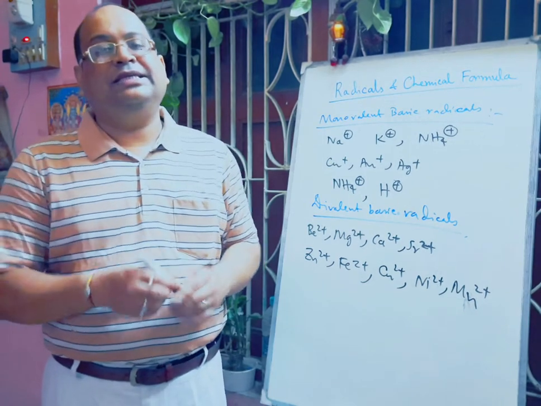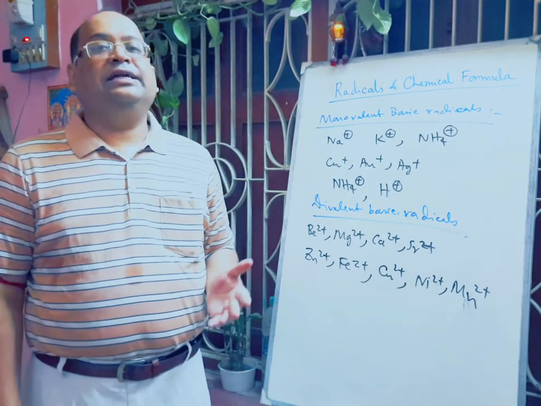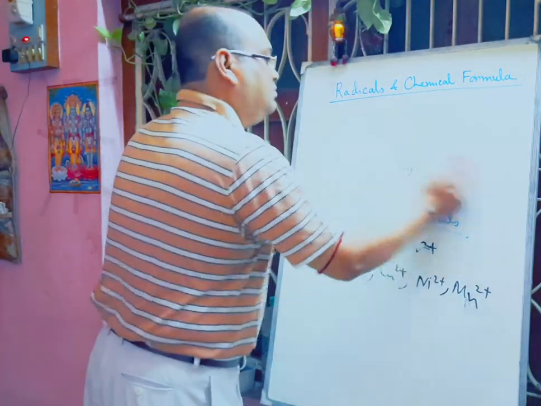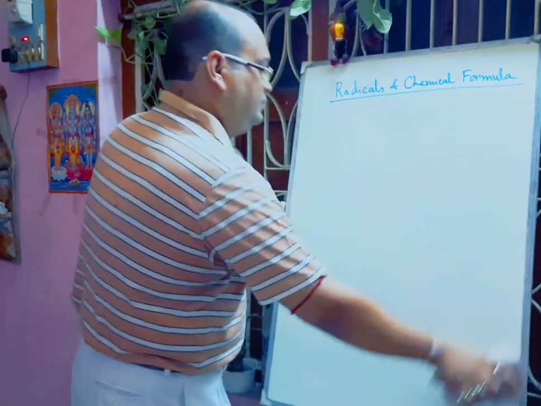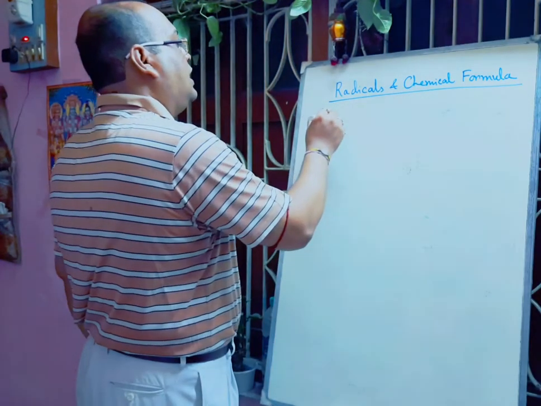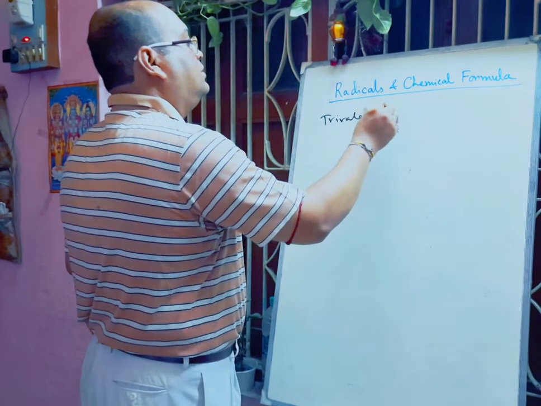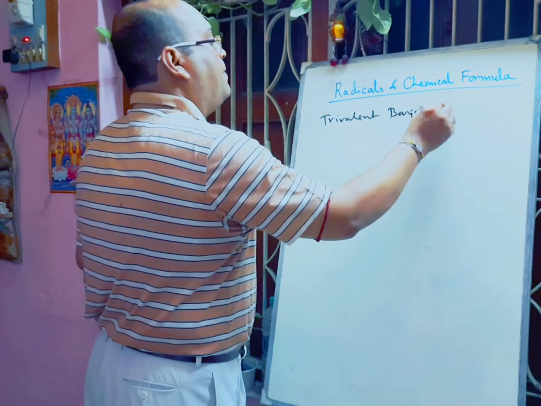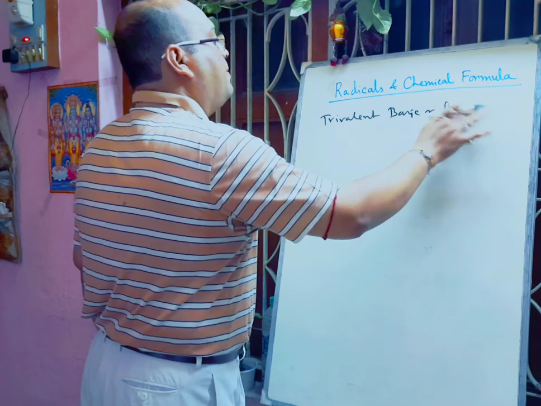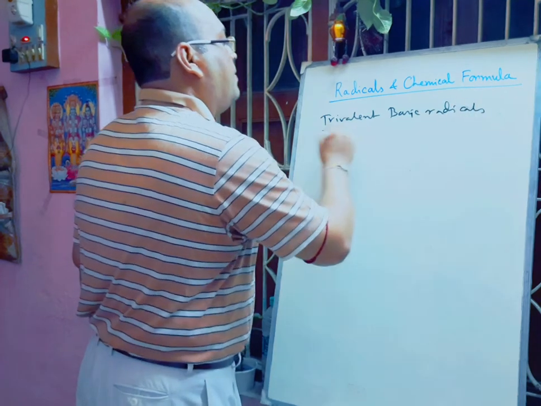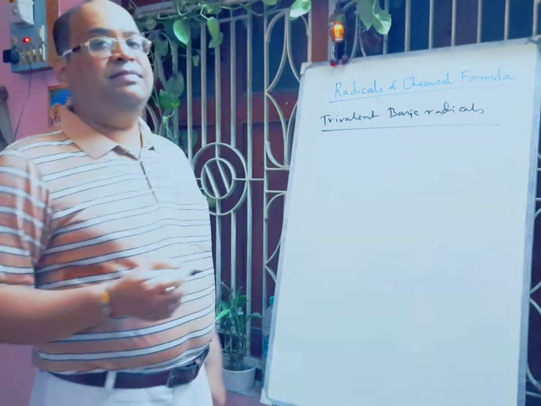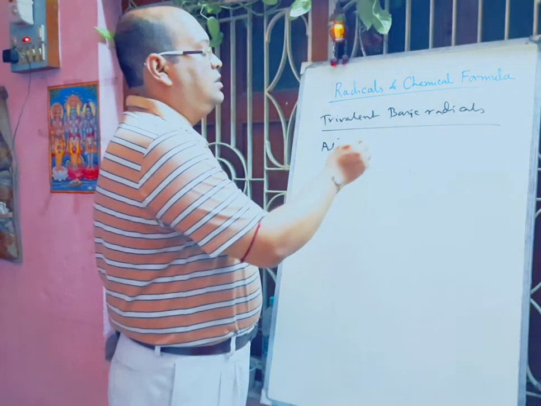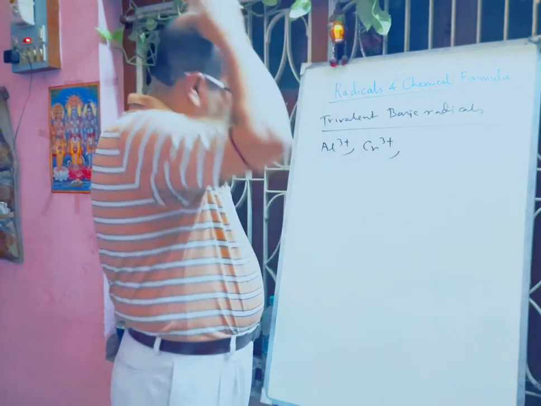Next, trivalent basic radicals. In trivalent basic radicals we can write aluminum 3 plus, chromium 3 plus.